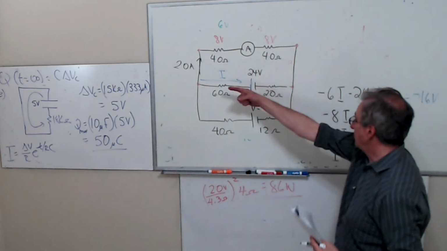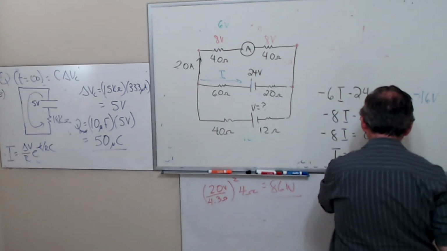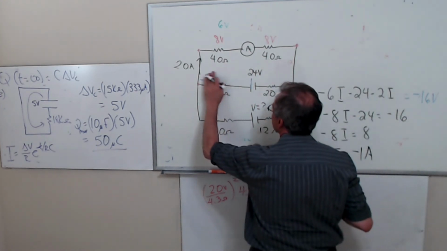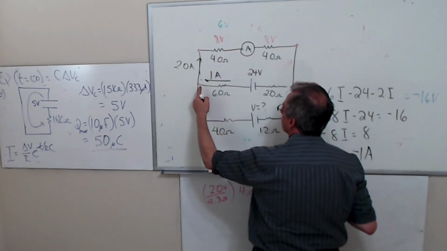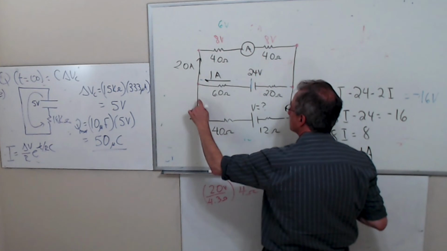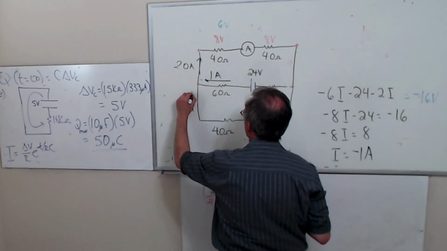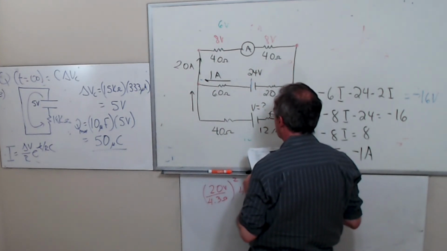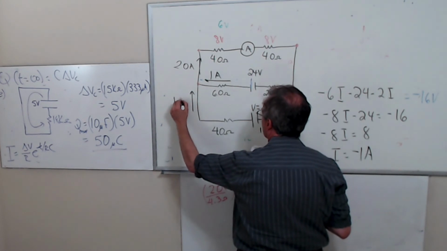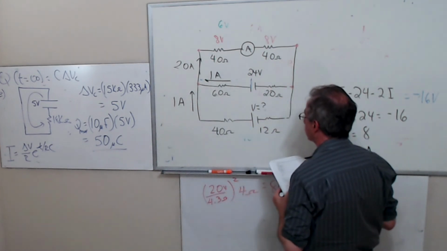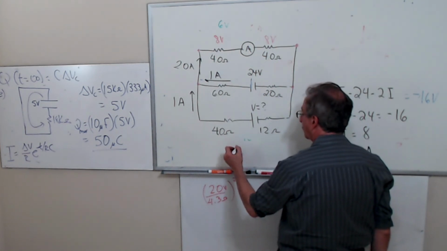So actually the current's going that way. So I was correct originally. So I is 1 amp that way. So I have 2 amps going this way, 1 amp going this way. Then how much current goes this way? One. Okay. So I have 1 amp going through here. All right, I have 1 amp going this way.